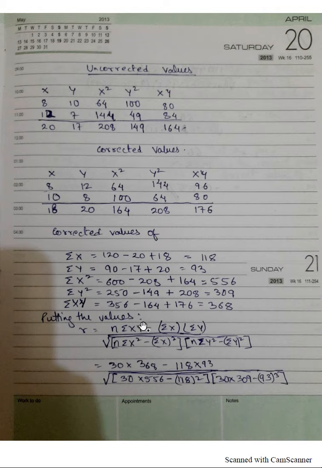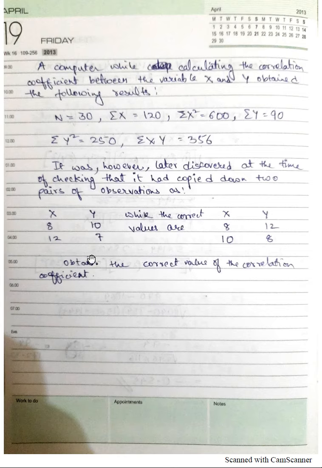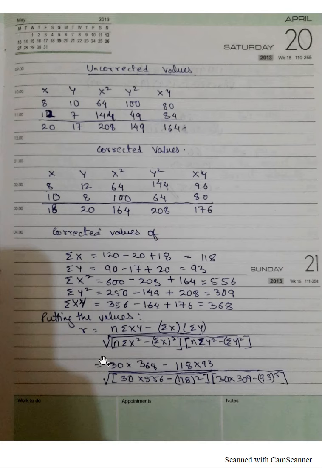Putting the values, r is equal to n summation xy minus summation x summation y, divided by under root of n summation x square minus summation x whole square, into n summation y square minus summation y whole square. We are given n is equal to 30, so it will be 30 into 368 minus 118 into 93, divided by under root 30 into 556 minus 118 square, into 30 into 309 minus 93 square.